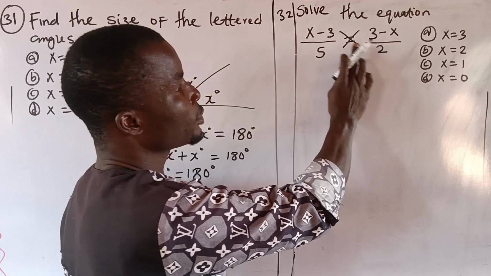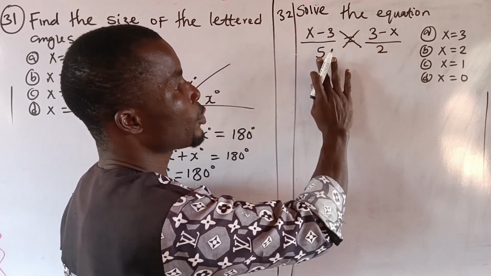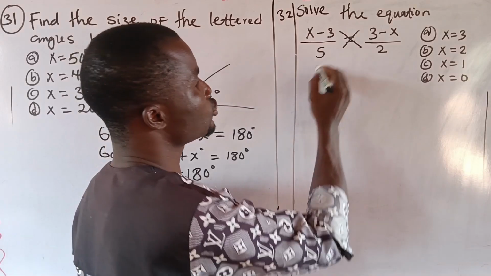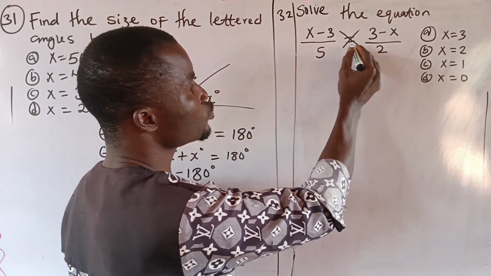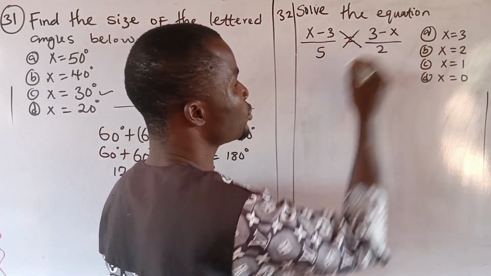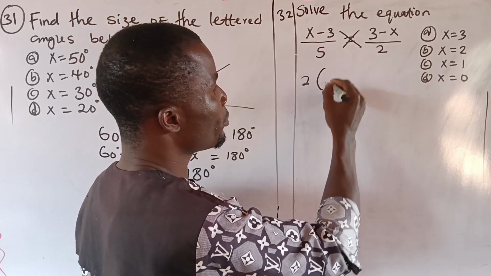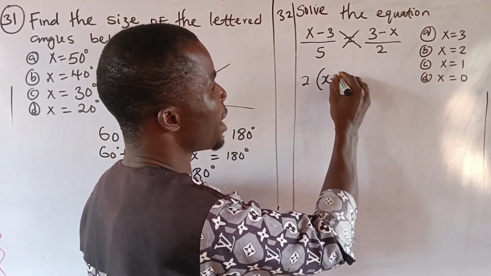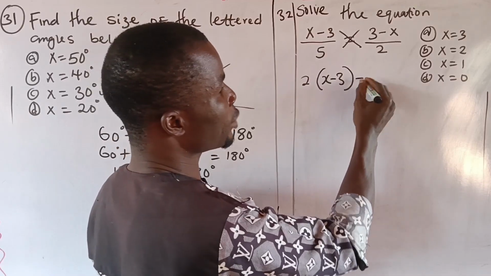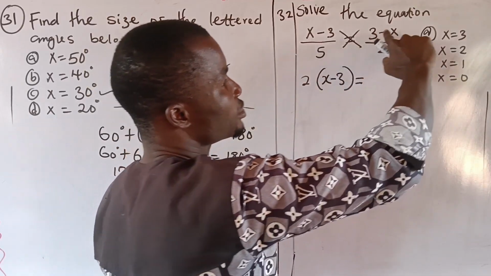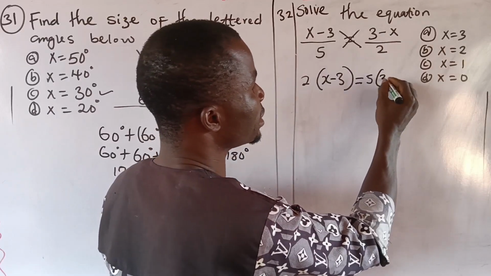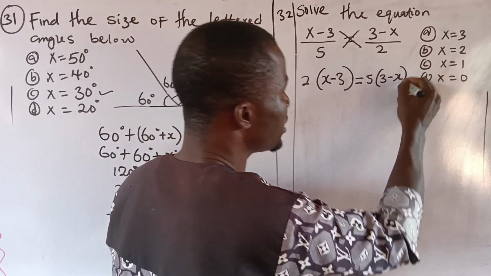So this one is going to multiply this, while this one is going to multiply this. Are you following? So this 2 is going to this side, while 5 is going to this side. So we have 2, open bracket, because these two, they are together. We have x minus 3, close bracket, equals to, this 5 is multiplying this. So bring out the 5. So put this 3 minus x in bracket.